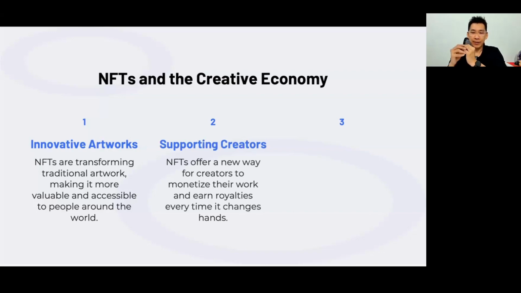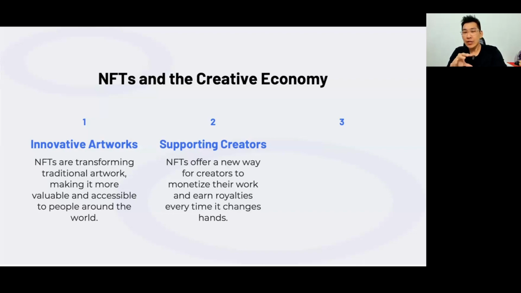Supporting creators. So with NFTs in the creative economy, we are able to support the creators. And if you are the creator, now there's a chance for you to earn an additional stream of income. NFTs offer a new way for creators to monetize their work and earn royalties every time it changes hands.